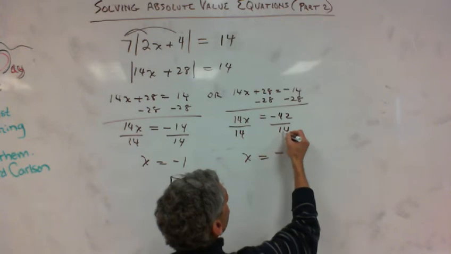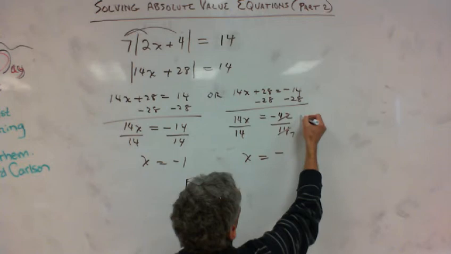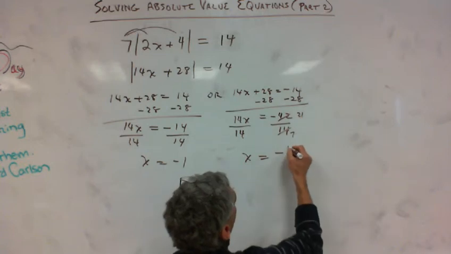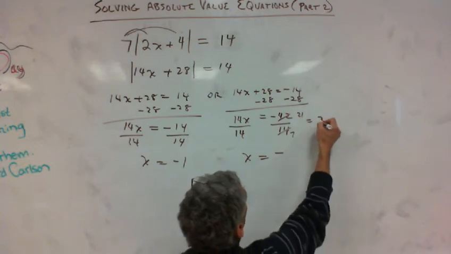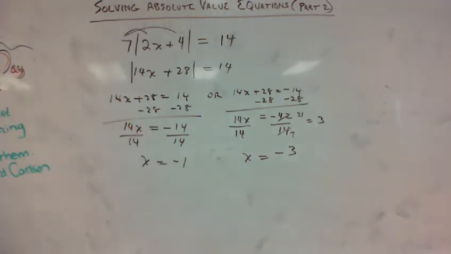I know 2 goes into both. 2 goes into 14 7 times, 2 goes into 42 21 times, right? So we got negative 3. Thank you, Thorn. You saw that before I did.